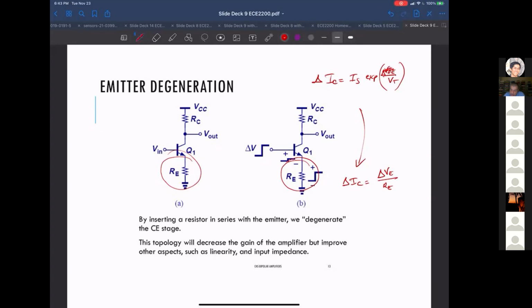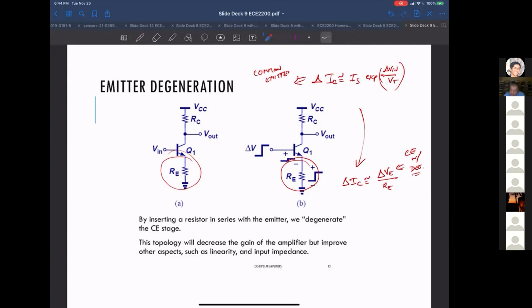Let's call this delta V_in. So this is common emitter, and this is common emitter with degeneration. Everything is approximate here.